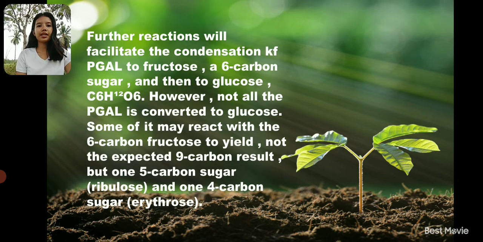Further reactions will convert PGAL to fructose, a 6-carbon sugar, and then to glucose. However, not all the PGAL is converted to glucose. Some of it may react with the 6-carbon fructose to yield, not the expected 9-carbon result, but one 5-carbon sugar, ribulose, and one 4-carbon sugar, erythrose.